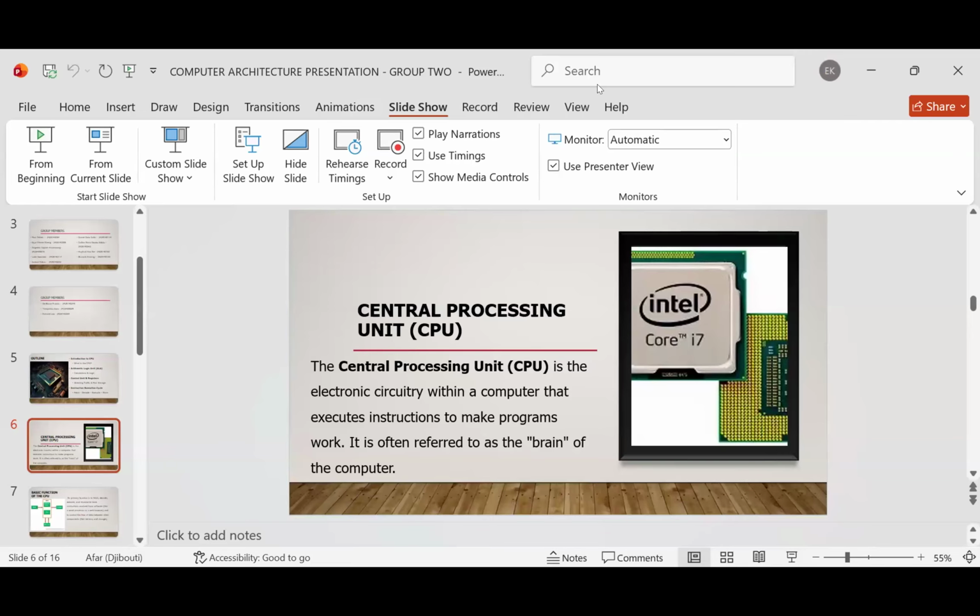The reason why I want them to put on their video is because they can ask someone to do the presentation on their behalf, which is not allowed. So they have to put on their video.